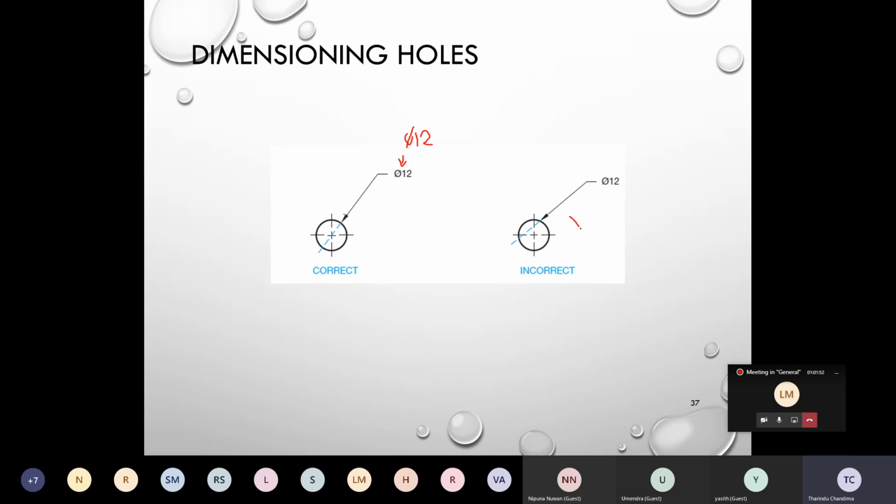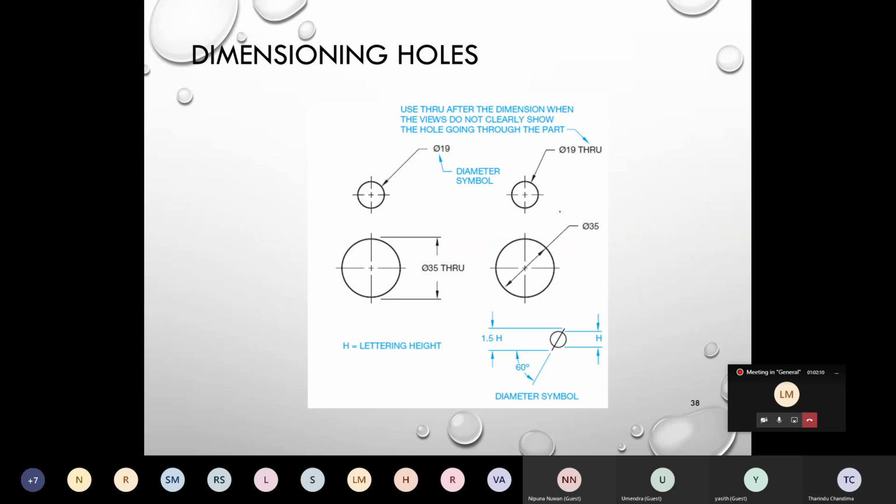This is wrong. When you do your drawings manually, you have to make sure of that, but when you use software, it will automatically point towards the center. When it has a through hole, as I explained, you have to write THRU.